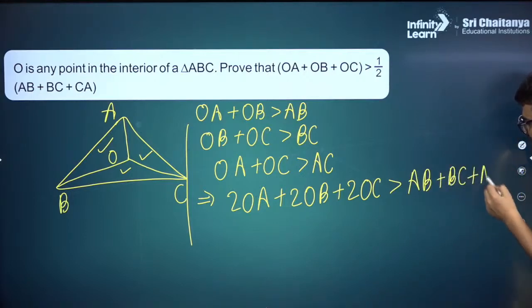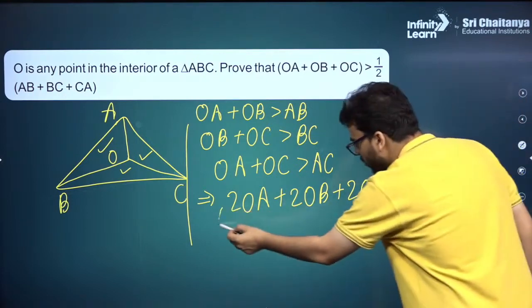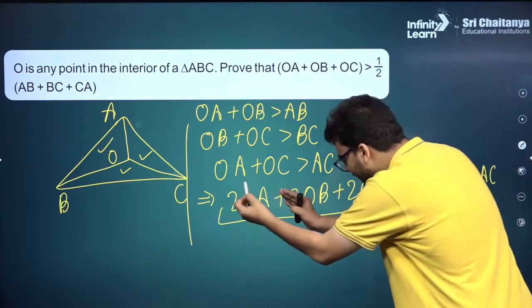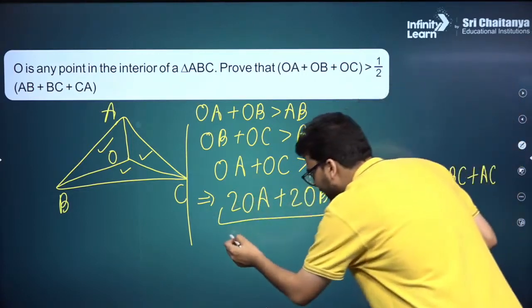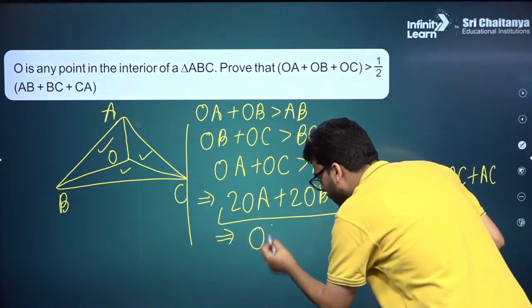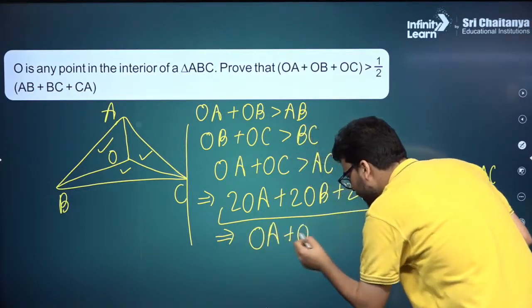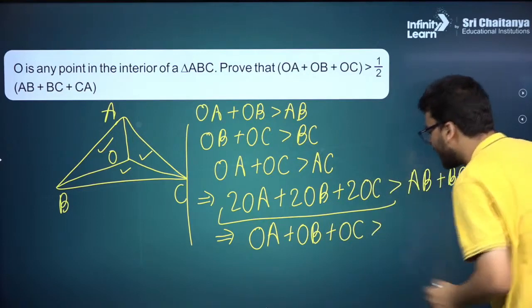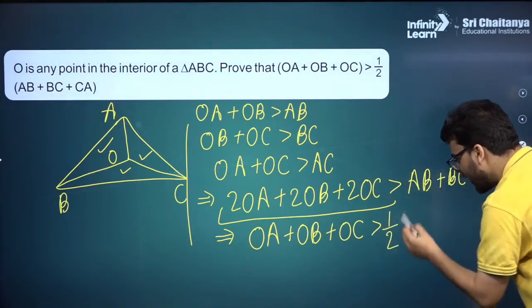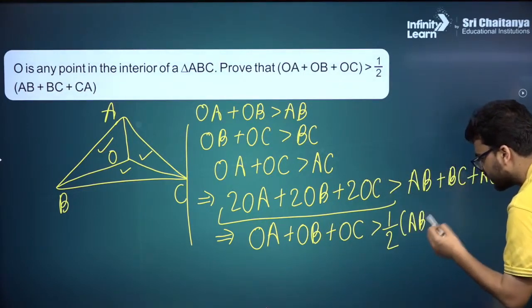AB plus BC plus AC over here. Now basically, can I not take 2 as common over here and take that in division on the other side? Take 2 as common, take that in division on the other side. So basically we are saying OA plus OB plus OC, and that is greater than half of AB plus BC plus AC.